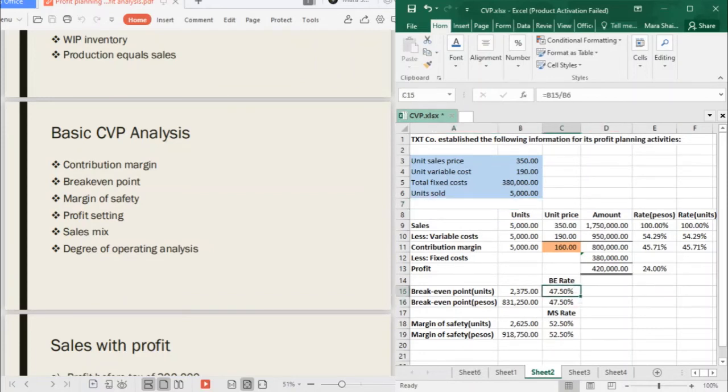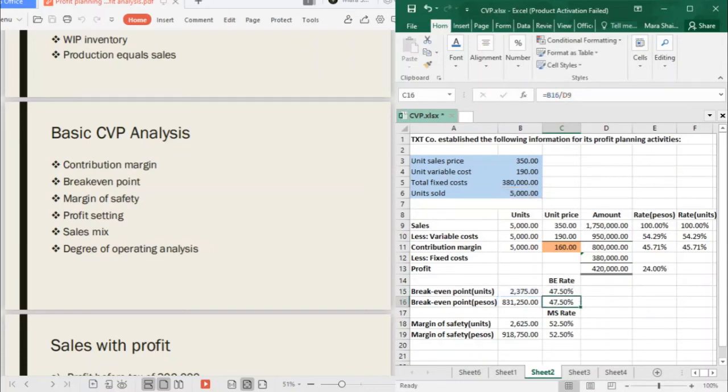Now, if you are asked to compute for the break-even rate, the break-even rate is simply your break-even sales in relation to your sales. So, that is your break-even rate.